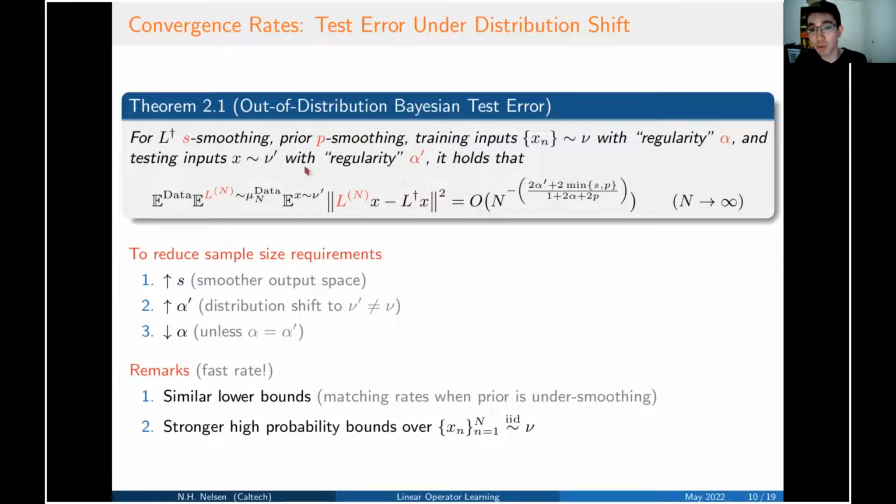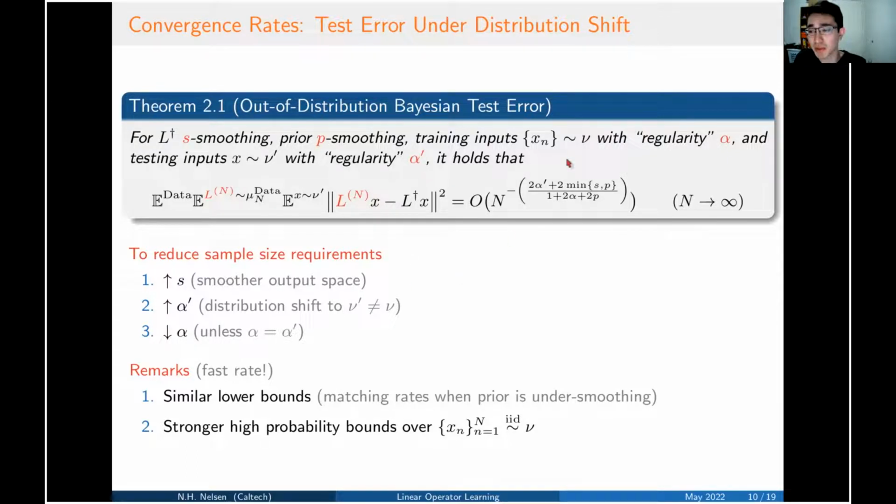Under this assumption, we can write down essentially that weak Bochner norm, where we take the difference in our predictions, we average it over this new testing distribution. We then average it over the posterior distribution, and then we average it over the random realizations of the training data. And this converges to 0 at some sort of algebraic rate under these assumptions.